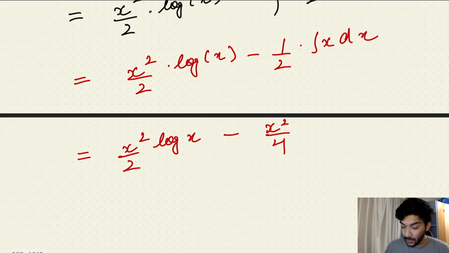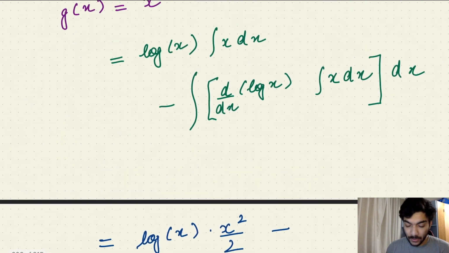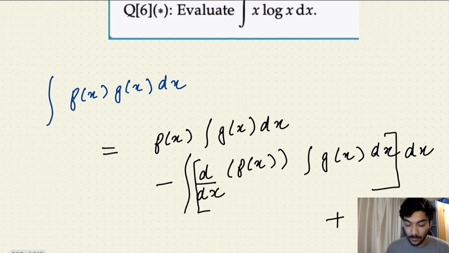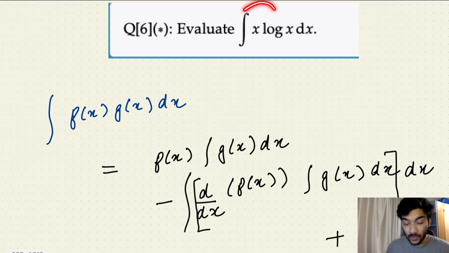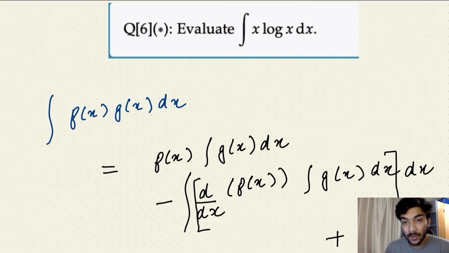And then once you're done with all these steps, you'll add the constant of integration at the last because it's an indefinite integral, right? So that's the main idea about integration by parts. The basic approach is whenever you have a combination of two functions and there is no other general way to solve this type of indefinite or definite integral, you usually go with integration by parts.